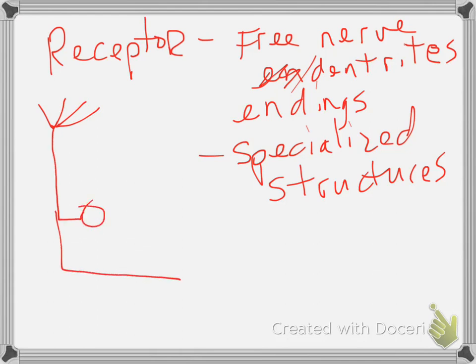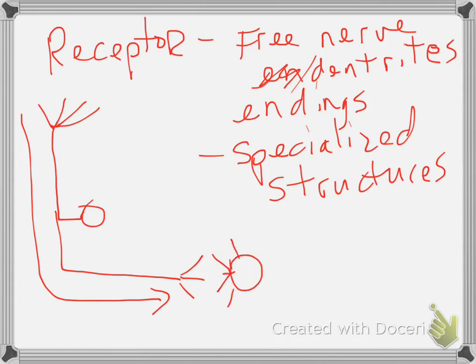So that's a specialized sensory neuron. Signal is going to be going this way. So from the receptor, it's going to synapse with another neuron. And we'll get into the different pathways later, but this is ultimately the basic pathway. We have the control center.